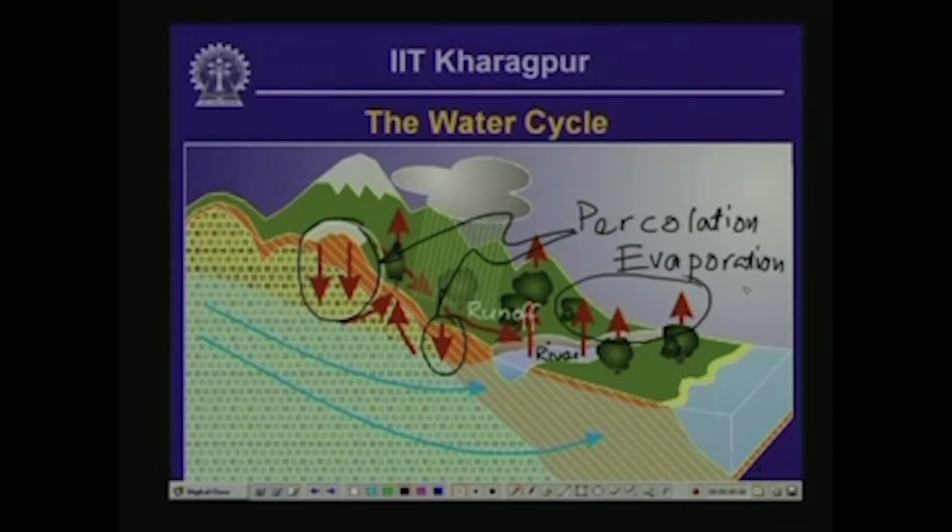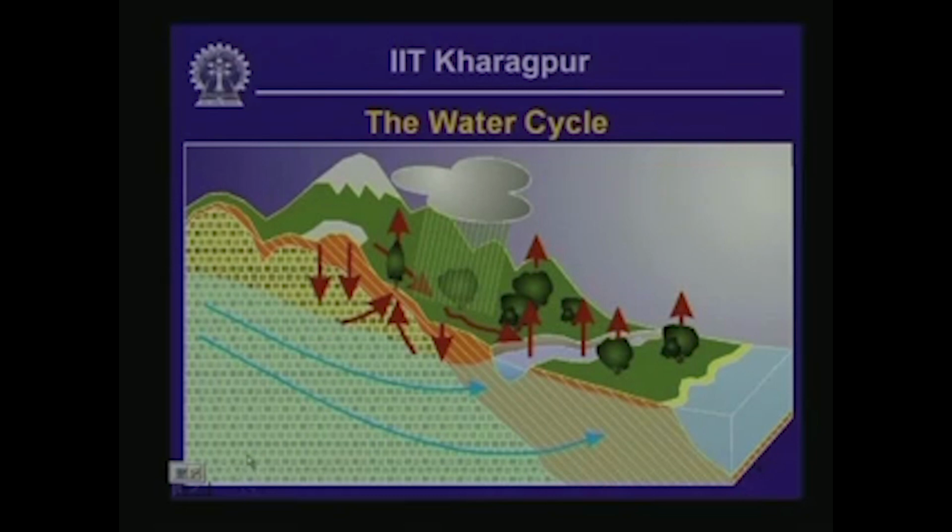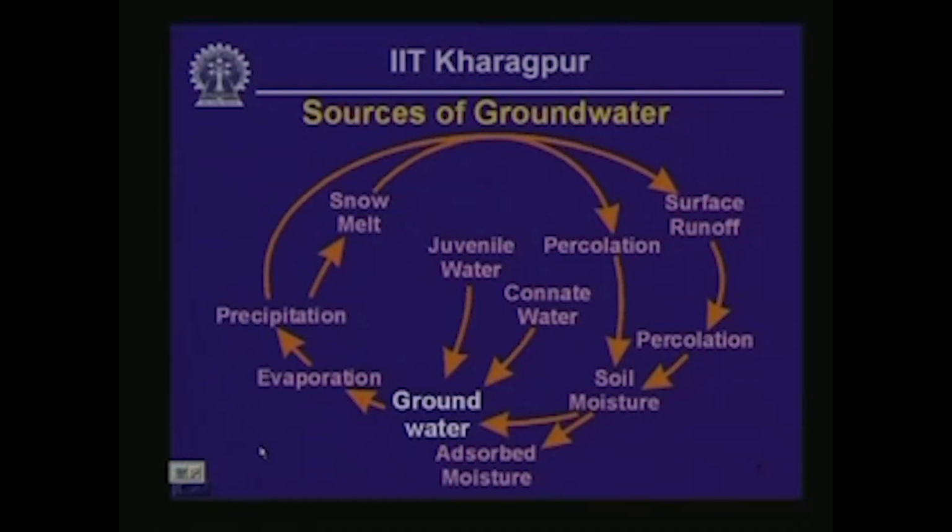Now water cycle is associated with the groundwater that is available for human use. Okay. Now this one here is a more formal representation of the water cycle that we just now learned.